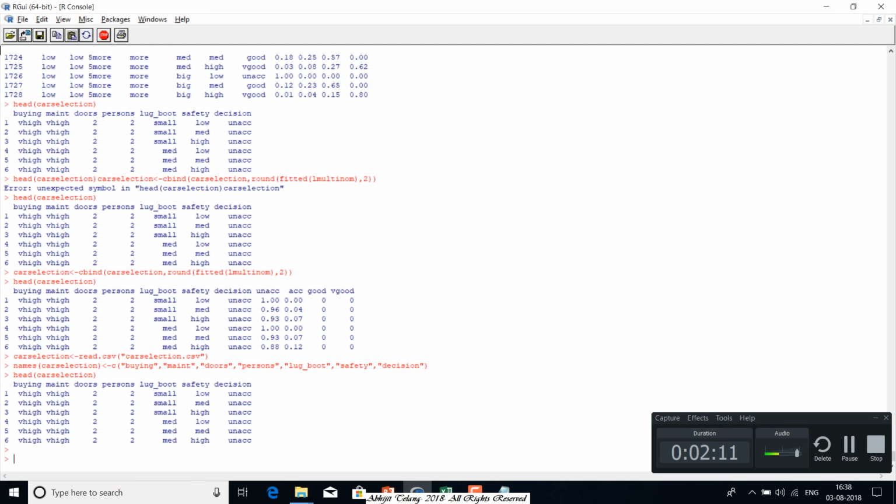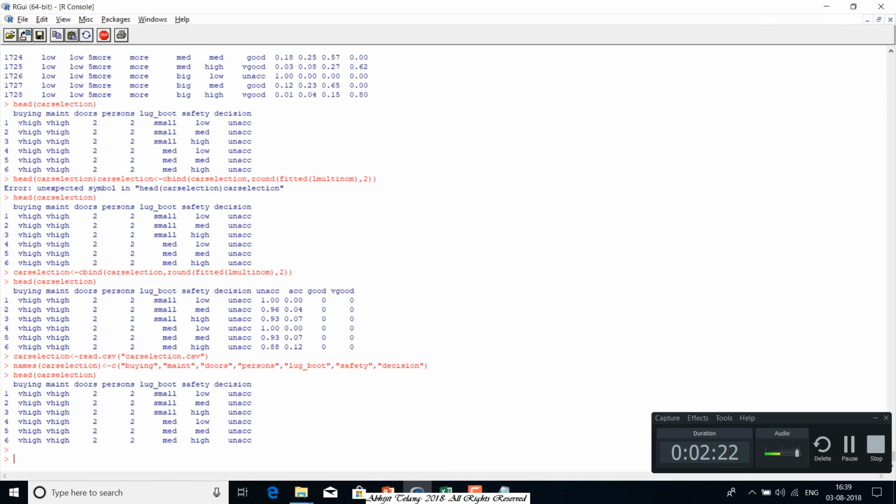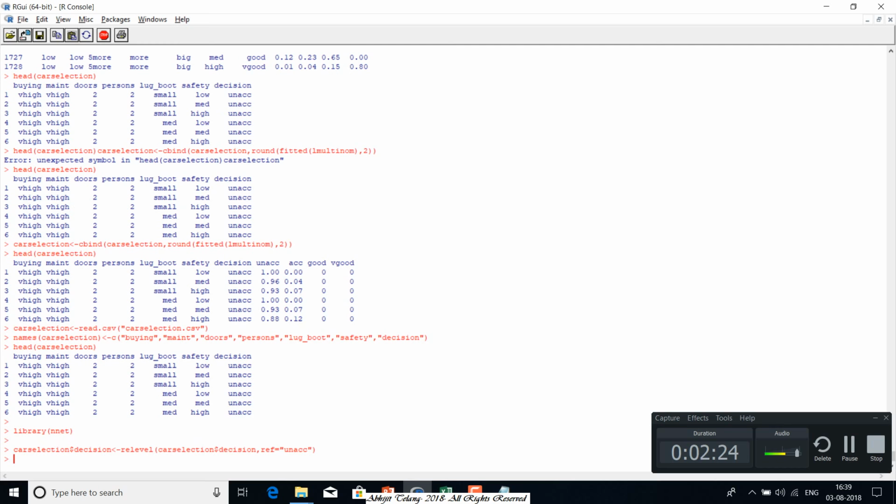I have to start with one specific value, and that value has to be told to the model in advance. That can be done through a relevel command, where I'm reorganizing my data set, taking the reference as unacceptable, and reorganizing it based on this particular factor value of the decision choice.